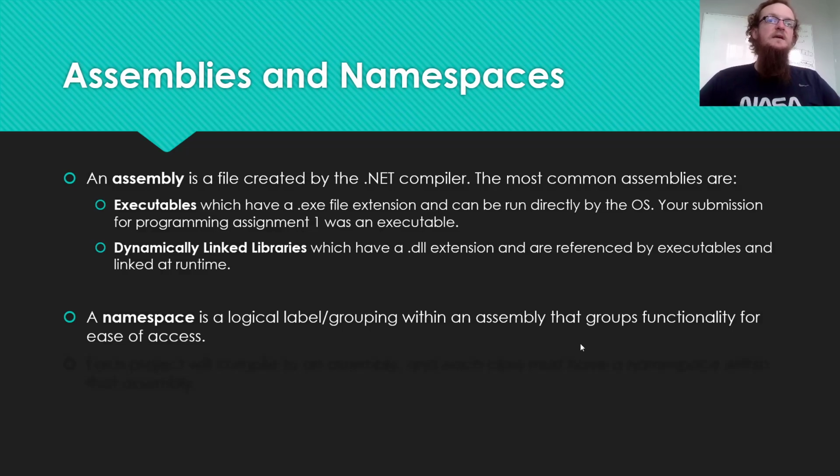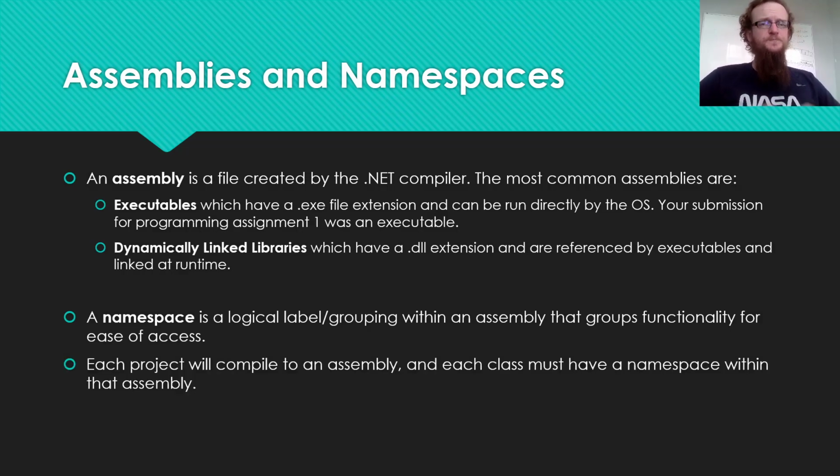And so you can give each file, each .cs file in your compiled file, a namespace of its own if you want, or you can use them to group classes together.